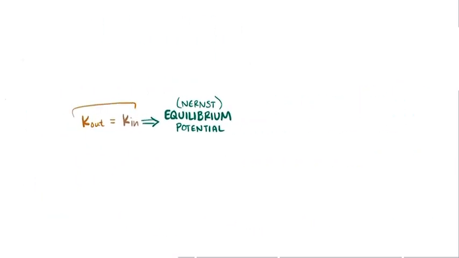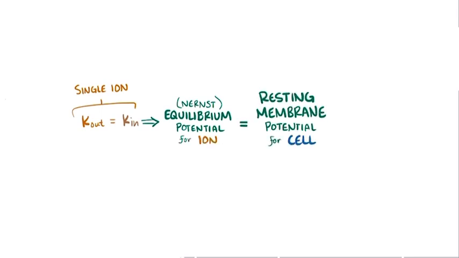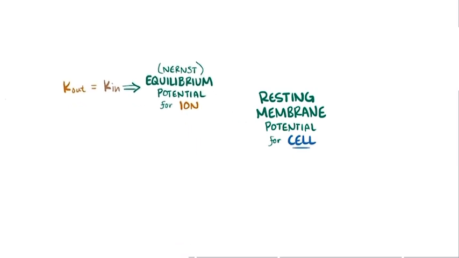If we're only dealing with one single ion, then the equilibrium potential for the ion equals the resting membrane potential for the entire cell. In reality, though, there are multiple ions that have concentration gradients that are permeable across the cell membrane, each of which has its own equilibrium potential.